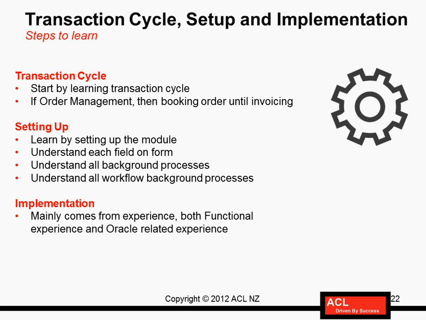In modules like order management, there are different types of workflows involved in different cycles of order management. Order management is a very big module. It has different cycles. Say you've got a business cycle called internal order, wherein, if it's a large organization, one subsidiary may ask another subsidiary to ship them some material.